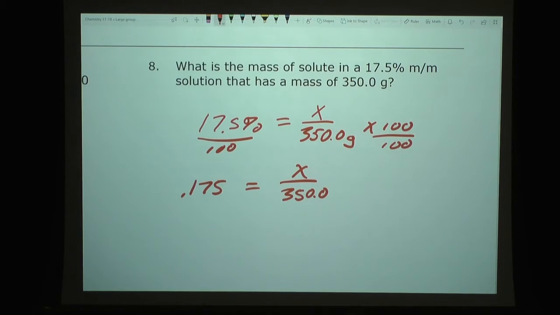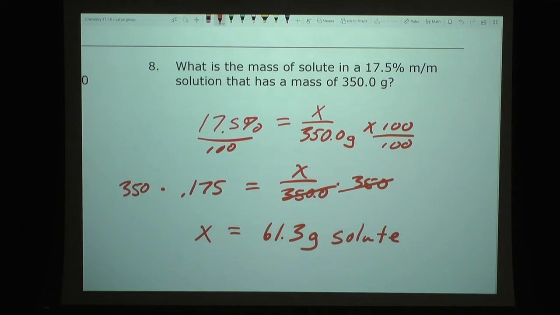Now to solve for X here, it's just simple algebra at this point. Multiply by my 350. Multiply by my 350. The mass of my solute in this situation, 350 times 0.175, 6.3 grams. Solve.